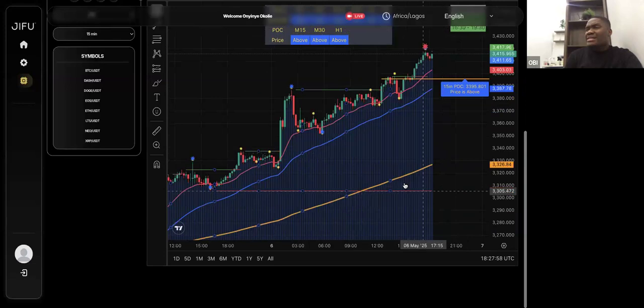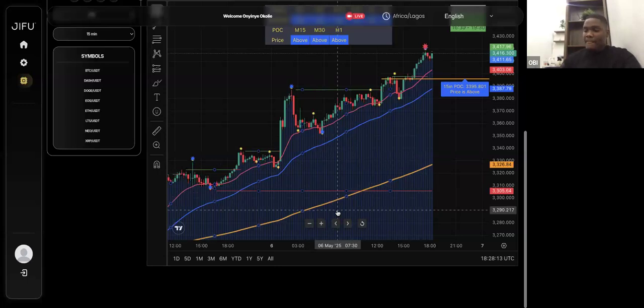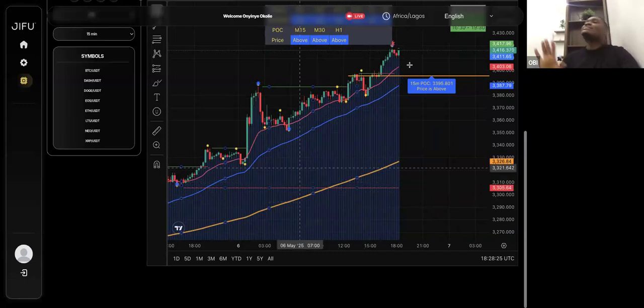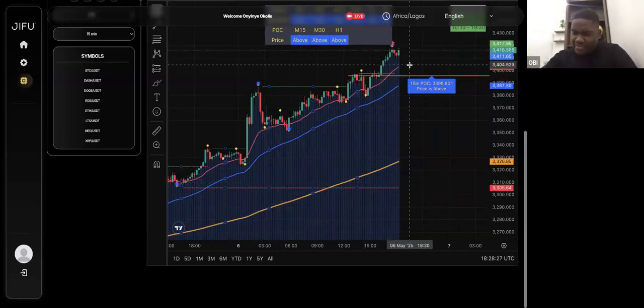I also consider the 238 EMA line. How do I consider it? The further away the EMA line is from below, once this yellow EMA line is below the candlesticks, that is an indicator for a buy.